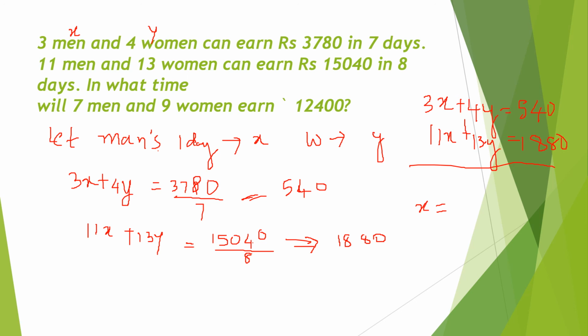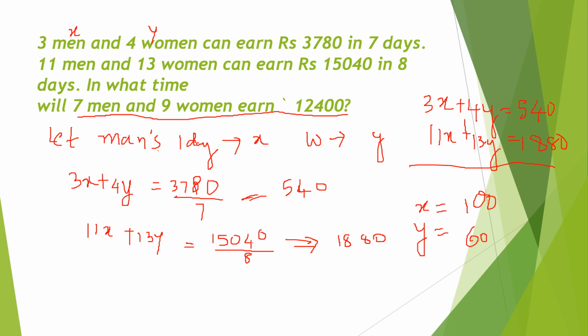So you get x as 100 and y will be equal to 60. Now what you have to find out is, in what time will 7 men and 9 women earn 12,400?